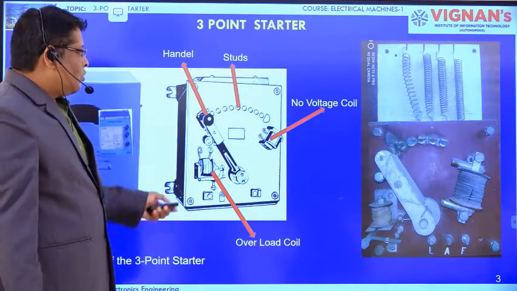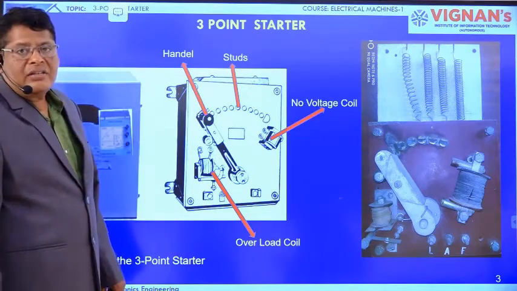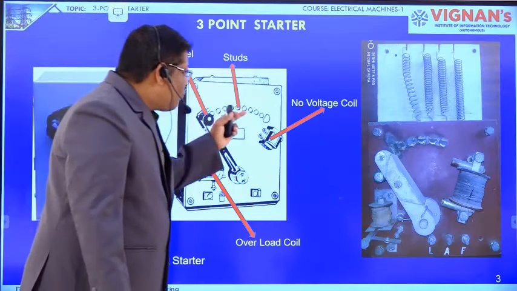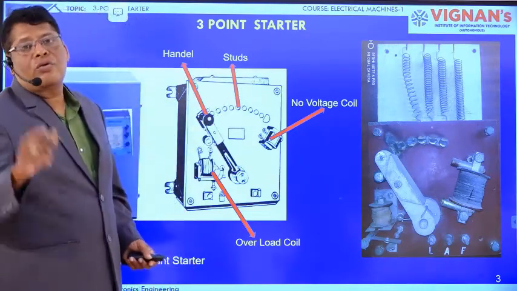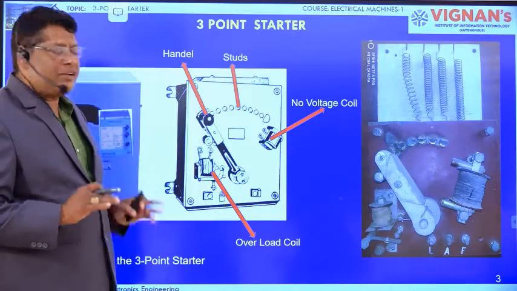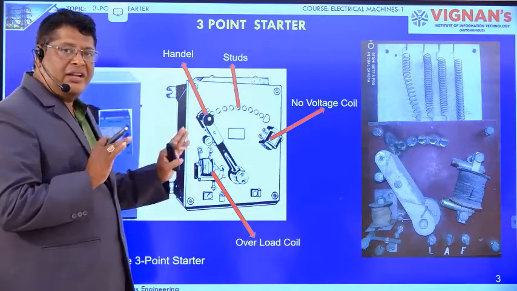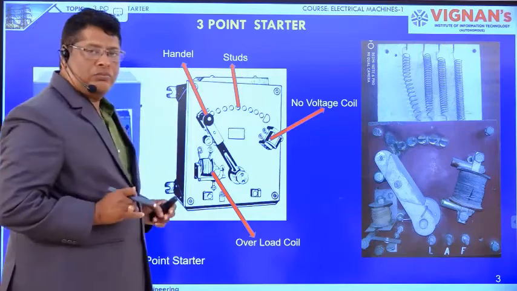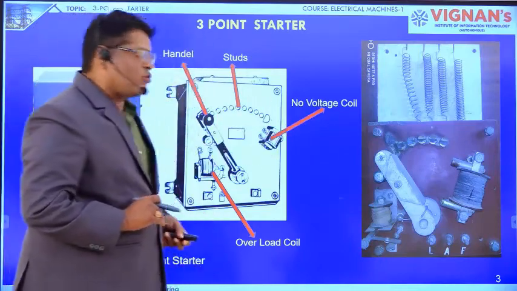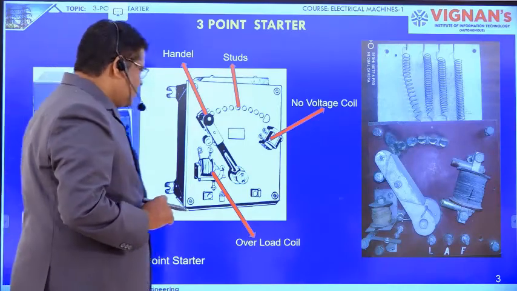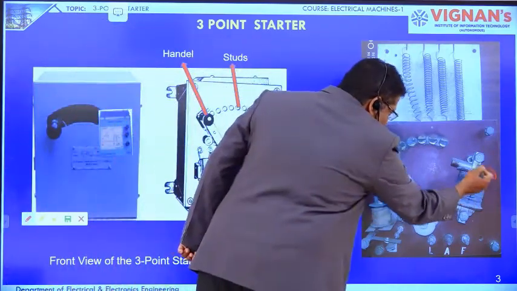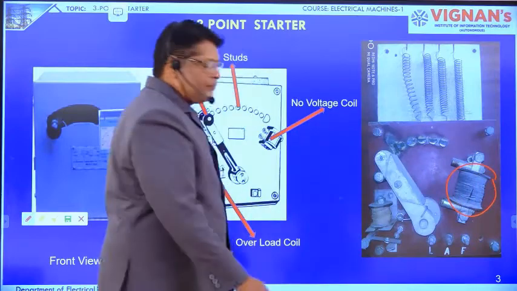Next, the no voltage coil. Sometimes we call this coil a holding coil. We will see the operation, and there you can understand very clearly. Just try to identify these two. This is the no voltage coil. See in the diagram, this is the no voltage coil.